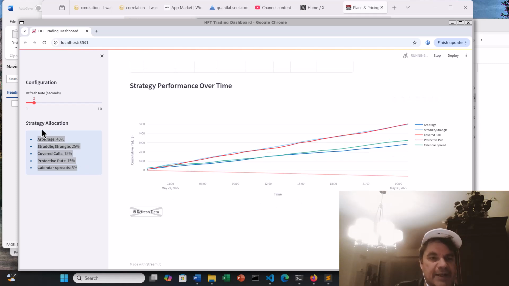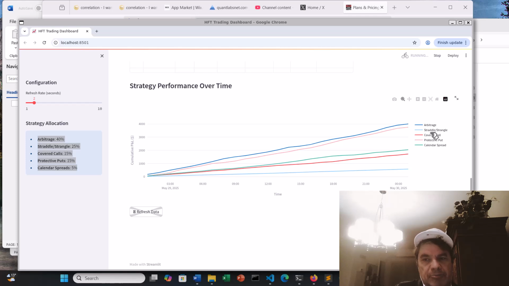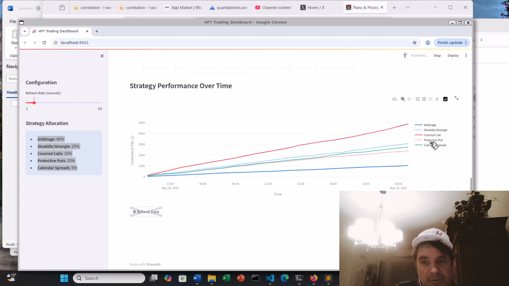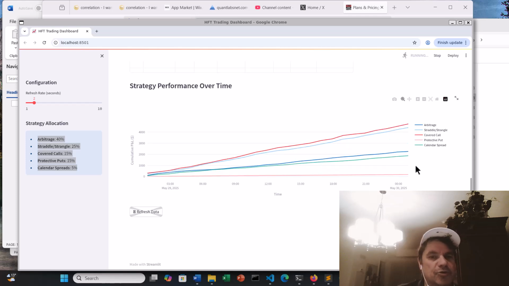Because here, if I'm providing all of these different types of strategies, it's clear to me which one's the most profitable. Obviously arbitrage and straddle, so maybe I only focus on the top two strategy types and dump the other ones.